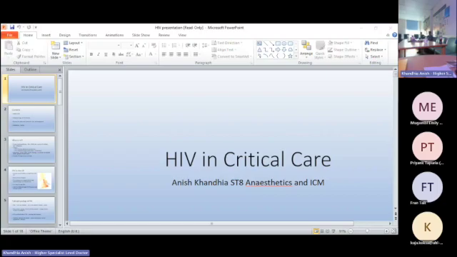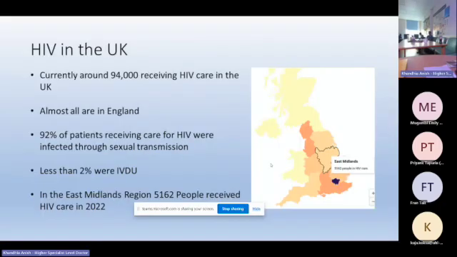Those 94,000 are at various stages of their journey with the disease. By far the biggest proportion of patients with HIV are in England, and the majority of those cases are focused around London.